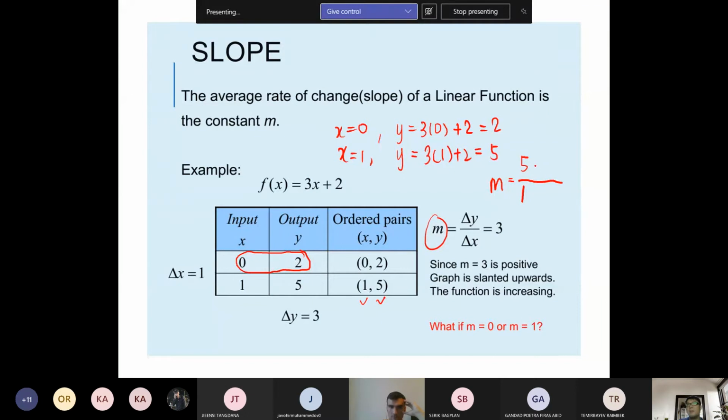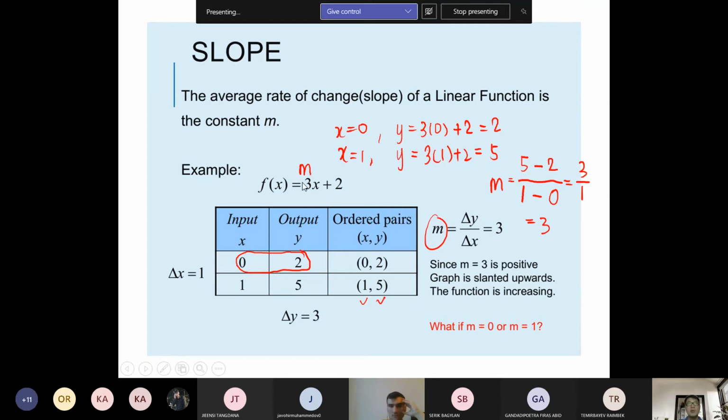Minus the other point. What is the y? 2. And the x is 0. So I have actually 3 over 1 here. Then the slope is 3. So you can see this is actually the slope. We can use 2 points to find the slope.